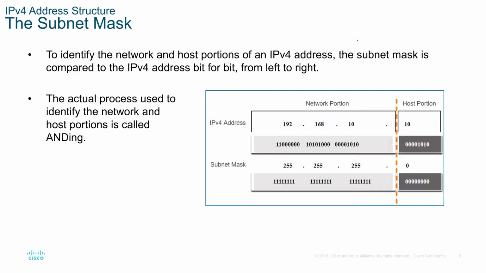To identify the network portion of an IP address, we combine it with a subnet mask. We do a logical AND function. An AND gate has a symbol like this.